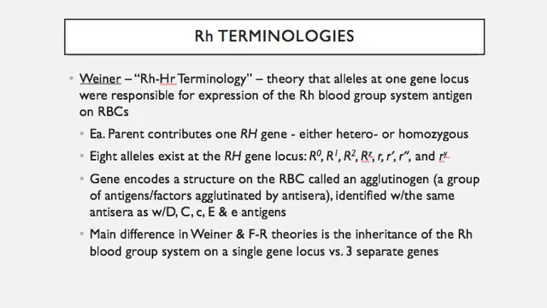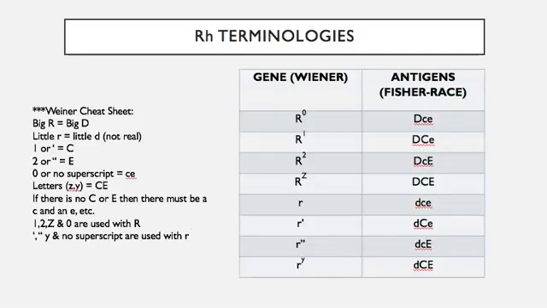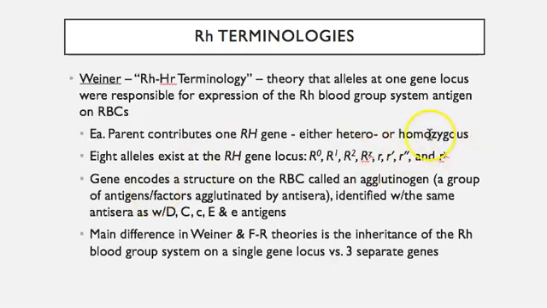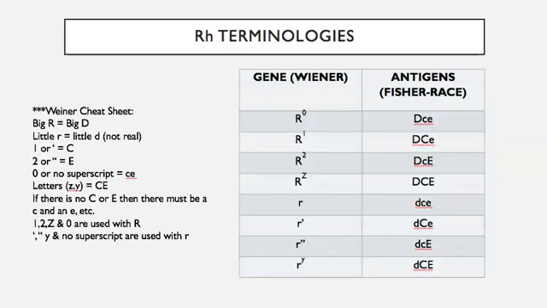But then there's also differences in how those are written out. Using the Fisher-Race idea here, these are the alleles that exist, and that gets translated into the Wiener terminology here, showing how it translates into Fisher-Race. There's a little cheat sheet here.